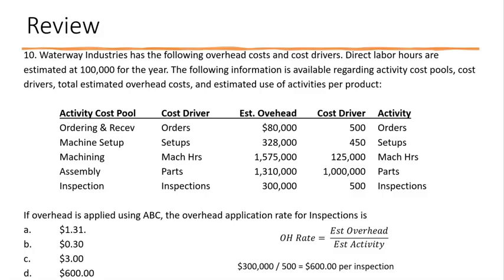In this case, it's $300,000 divided by 500 inspections, so it's $600 per inspection. That's the overhead application rate for inspections. And again, we can do the same for each of the other cost pools, and then when we see what the actual drivers are for each of these activities, we can apply that as the application of overhead. The idea with ABC is to get closer to the true activity that drives the cost in a given cost pool or department.